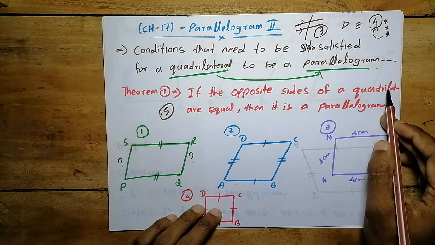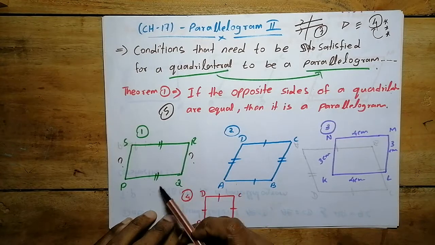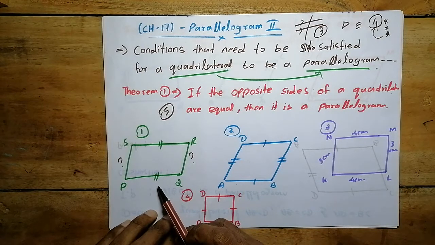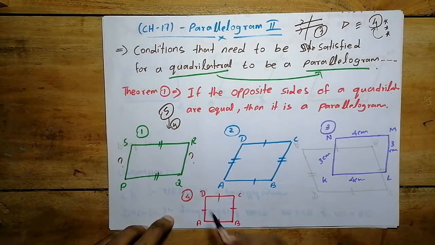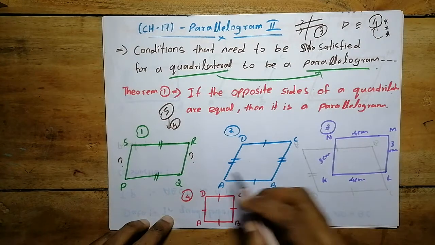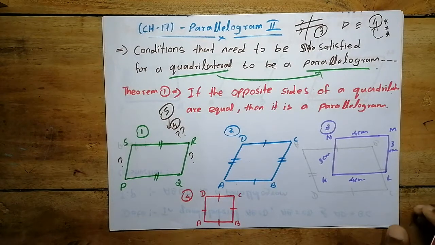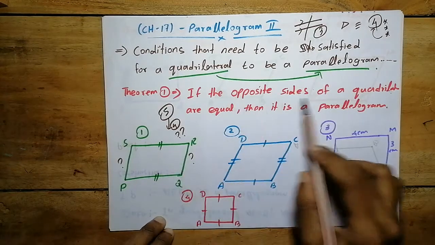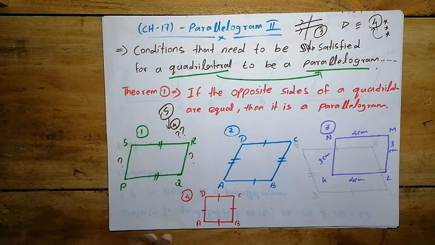Opposite sides of a quadrilateral means both pairs, but here we have only one pair. So we can't continue to prove the other four characteristics of a parallelogram, and we can't say PQRS is a parallelogram. We can't use the first theorem for the first figure, because we have only one pair of sides. So it's not a parallelogram.